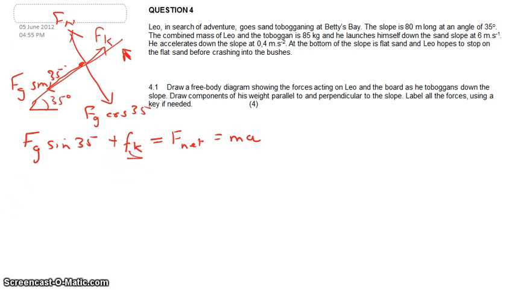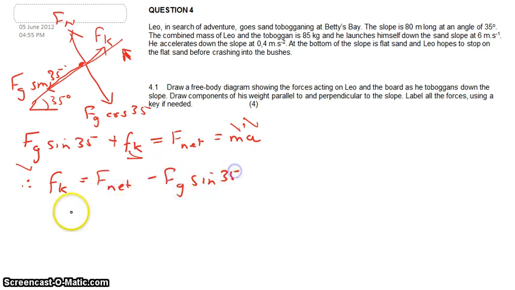Let's think about that. We can work out the gravitational Fg because we know the mass, and we know the acceleration, so we can also work out F net. So therefore, Fk is going to be equal to F net minus Fg sine 35.